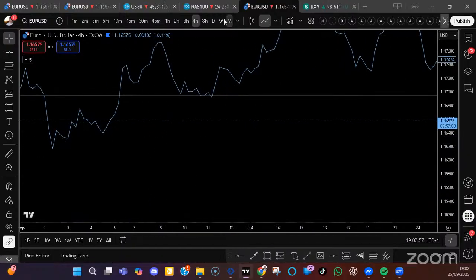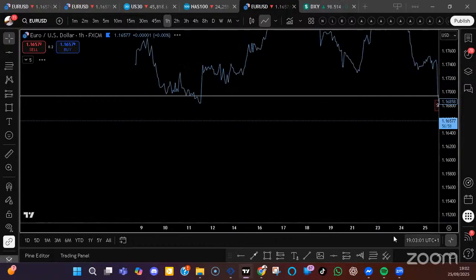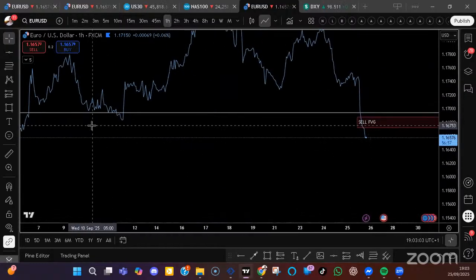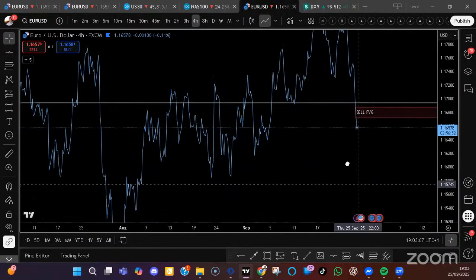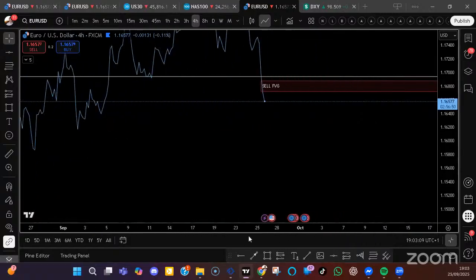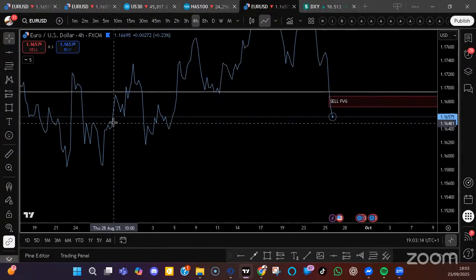And we'll put it on the hourly. Scrunch it up a bit. No, nothing too much. We'll go back to the 4-hourly again. See if we can find any more of these lines here.